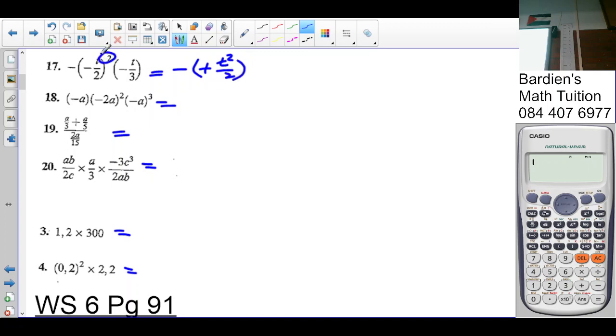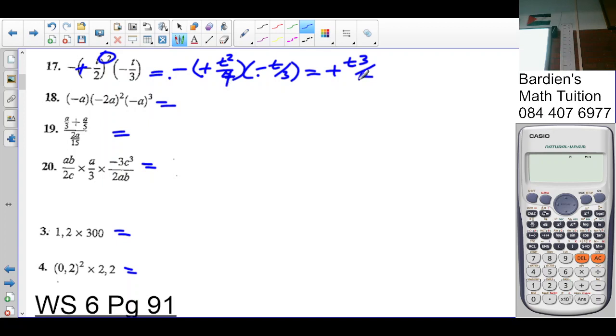Remember, even exponent makes that number positive. So negative t over 3. Negative times positive is negative, times negative is positive. T cubed over 6. No, this must be 4, so it's 12.